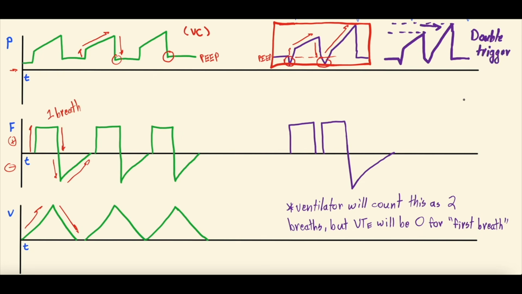The flow scalar will also follow a similar suit. So we talked about the normal flow scalar with a particular eye on the negative flow, or the flow returning back to the ventilator. Well, in double triggering, you get the normal flow scalar. Flow is going into the lungs, and then flow starts to slow down, but you never get this negative flow deflection that you see here because the patient is still breathing in.